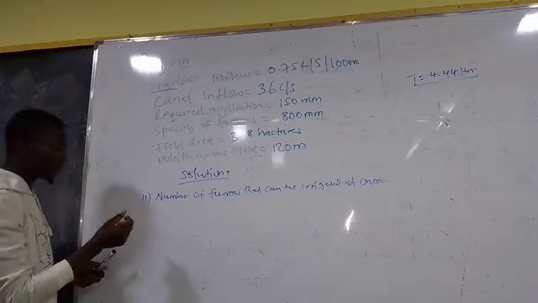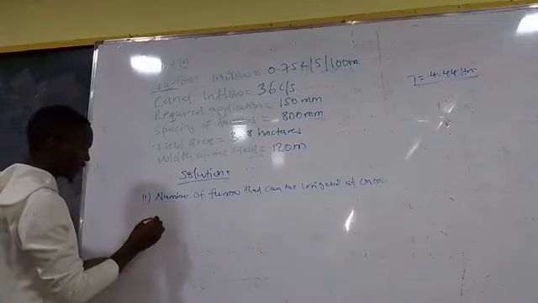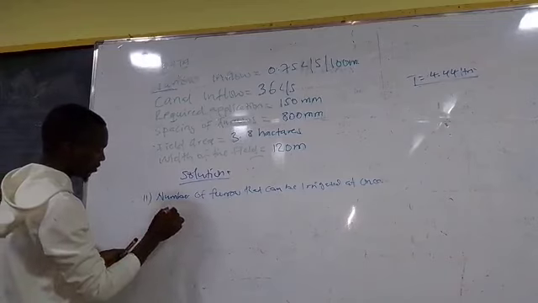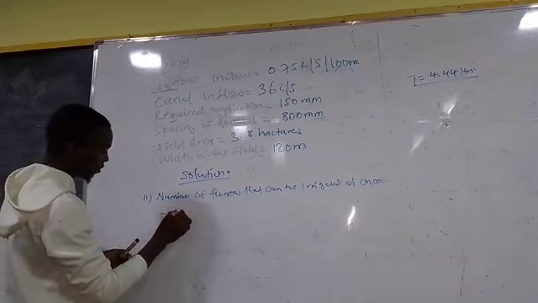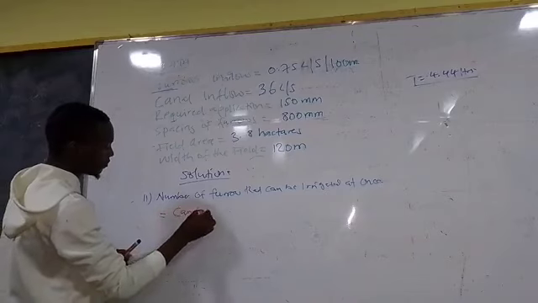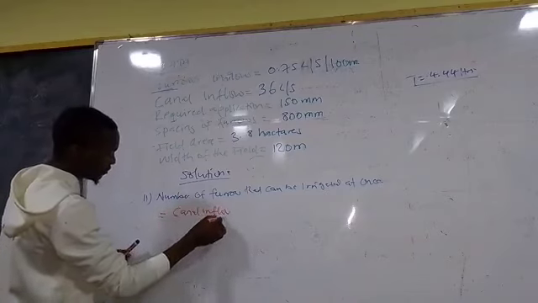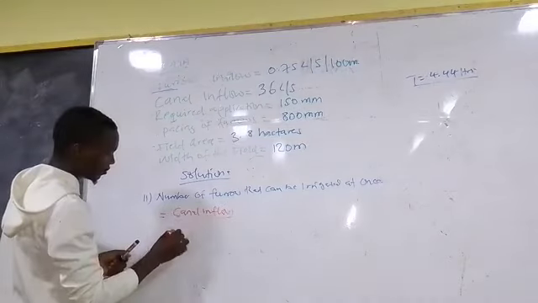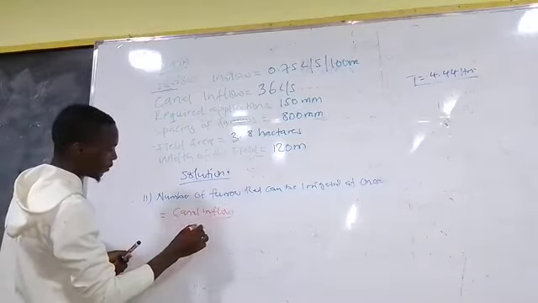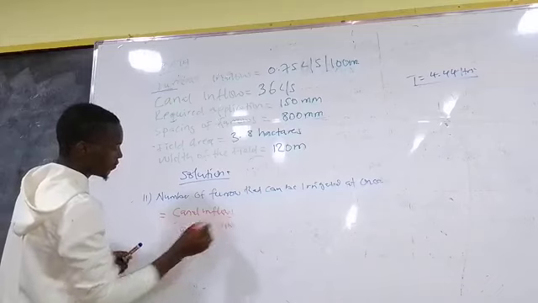Finding the number of furrows is very simple. It is equal to the canal inflow, and you divide this by the furrow inflow.